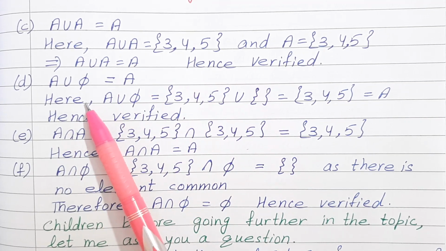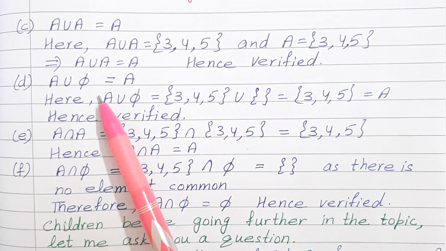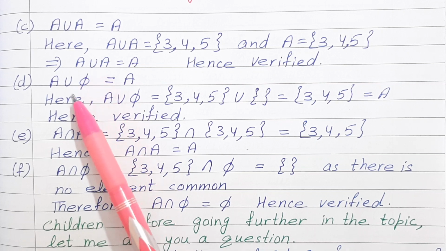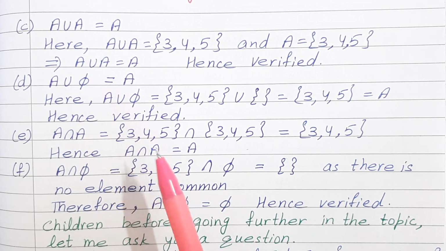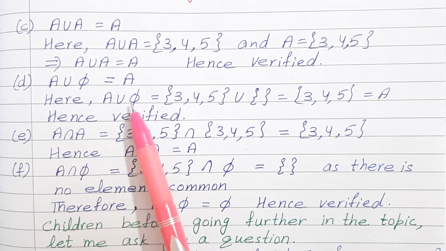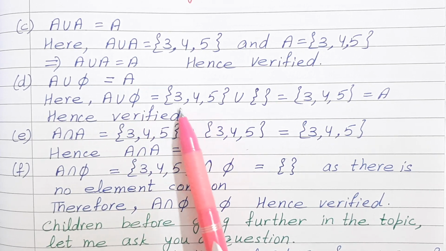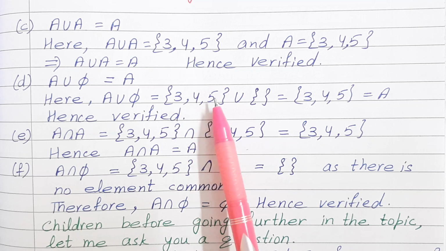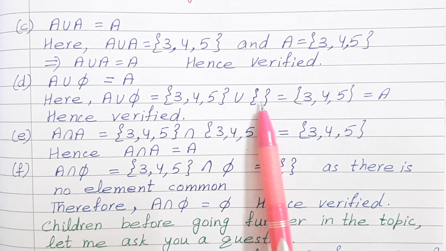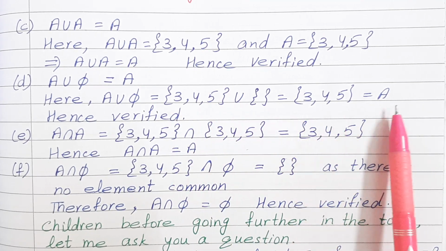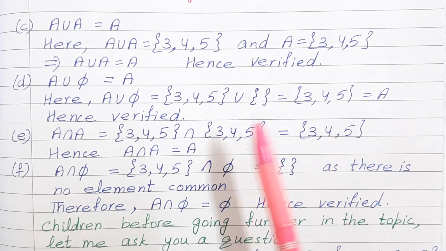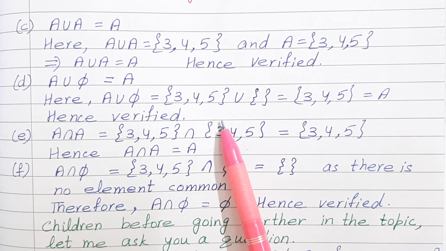Now, the D part is A union phi. Phi, you know that it's a null set or void set. Now, here A union phi will remain 3, 4, 5 because when you take the union of A with the null set, it will be the same as A only, right? So, hence it is verified.